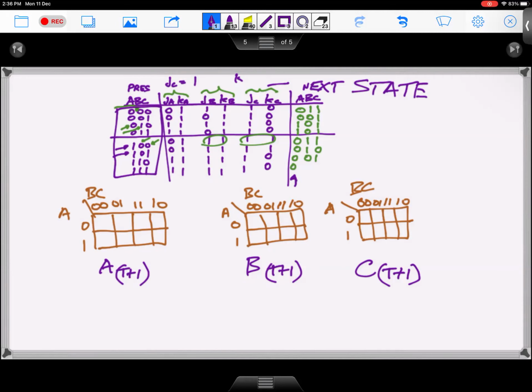Get it? So in the first case, for the A, t plus 1, we have two ones. We have 2 and 3. Where is 2 and 3 on the diagram? 2 and 3. All the rest have to be zeros.